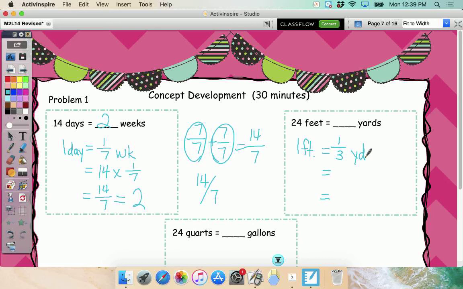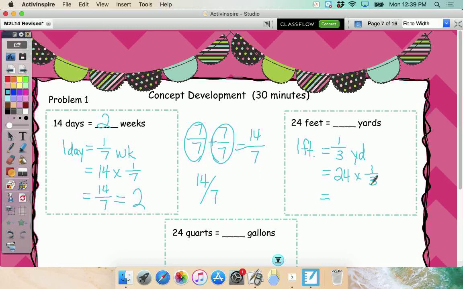Okay, now, what's my problem going to be, Miguel? What's my multiplication problem? 24 times 1/3. Awesome. And do I need any labels on that problem? No, I don't. Okay, so now I'm going to solve it. So Carlos, what's the fraction answer to this?